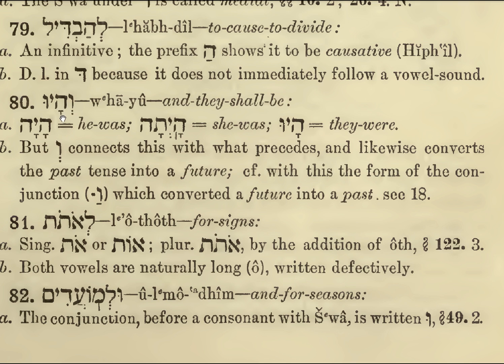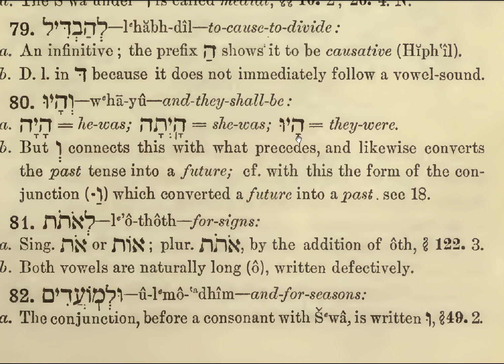V'hayu. And they shall be. Our first syllable, v'ha, and then yu for the second syllable. Haya, he was.